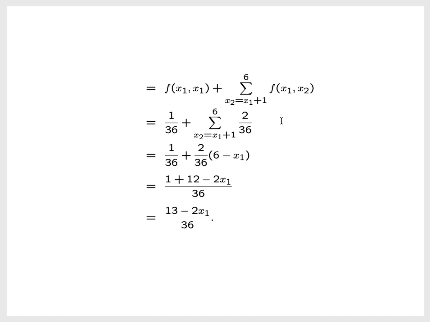When X2 is strictly greater than X1, then the PMF evaluates to 2 over 36. All right, so then we can evaluate this sum here. This is just 2 over 36 times 6 minus X1. And we can simplify this and we get the expression 13 minus 2 times X1 over 36.